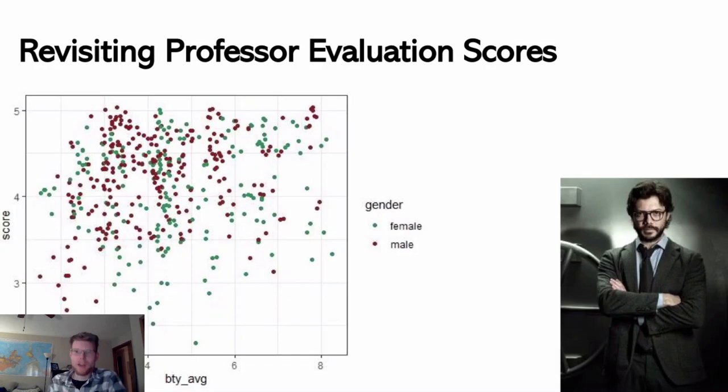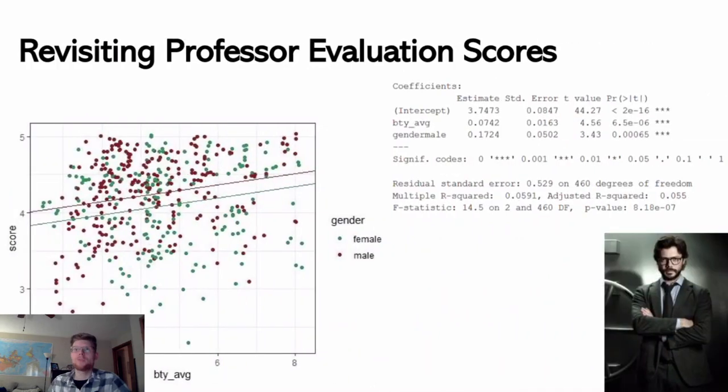One thing we might also wonder is the role of gender in this. If we're paying attention to whether we're looking at female professors or male professors, does that give us another layer of prediction here? Does that give us a better estimate of evaluation score if we also know the professor's gender?